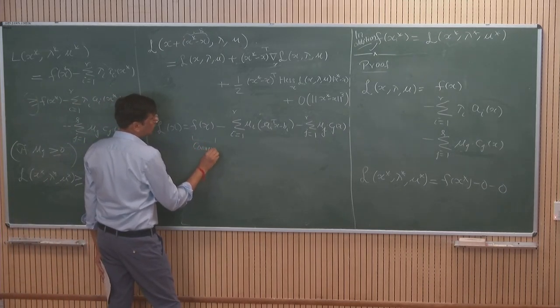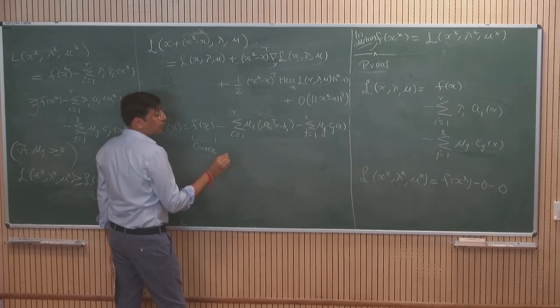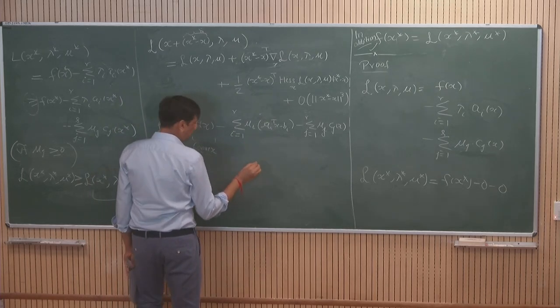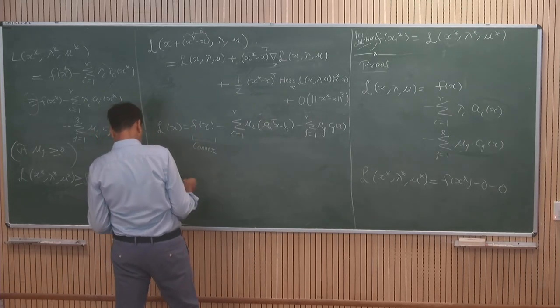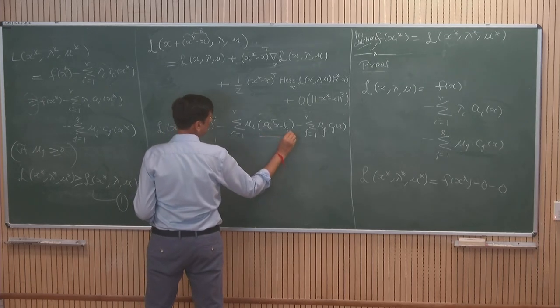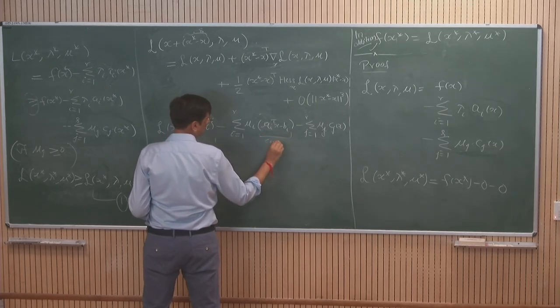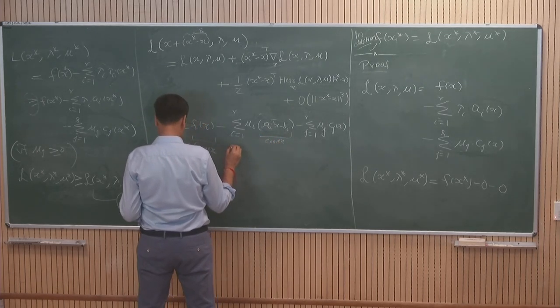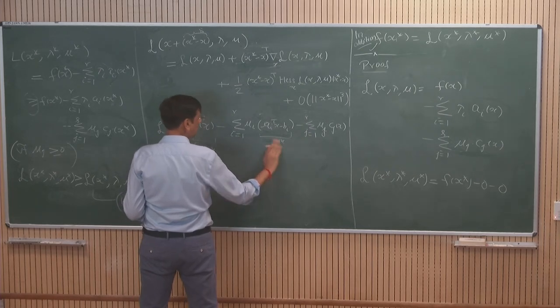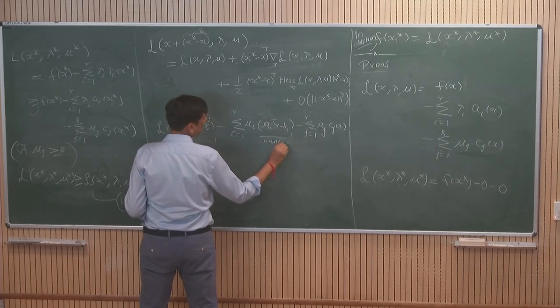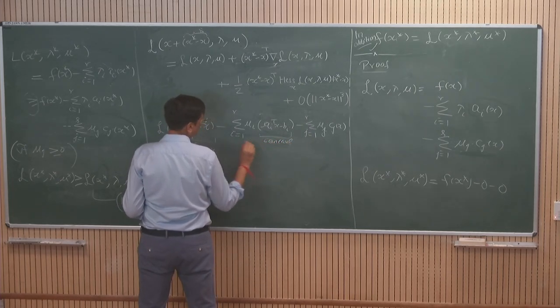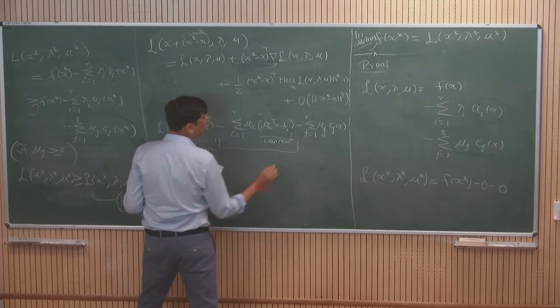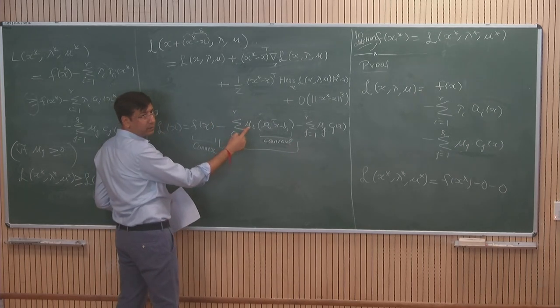So now this is convex, correct? And this is convex, or I can say concave also because it's linear. So with the negative sign, what does it become? The scalars don't matter, right?